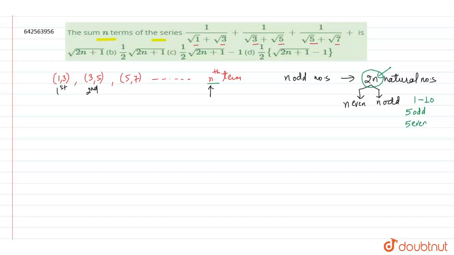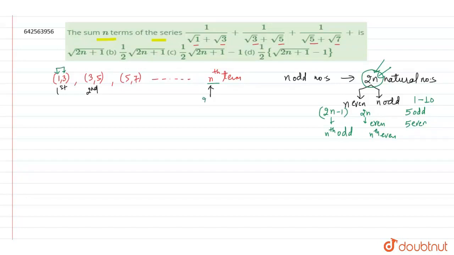So in the set of 2n numbers, we'll get the last odd number as 2n minus 1, because 2n will be acting as an even number. The number just before 2n will be the nth odd number, because 2n will act as the nth even number. We can see here that the odd number pairs are consecutive odd numbers.